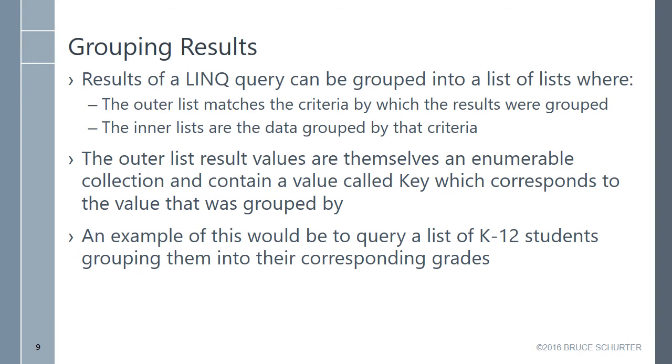The outer list result values are themselves an enumerable collection and contain a value called Key. That is a defined property of the values in the outer list, which corresponds to the value that was grouped by. An example of this would be to query a list of K through 12 students, grouping them into their corresponding grades.